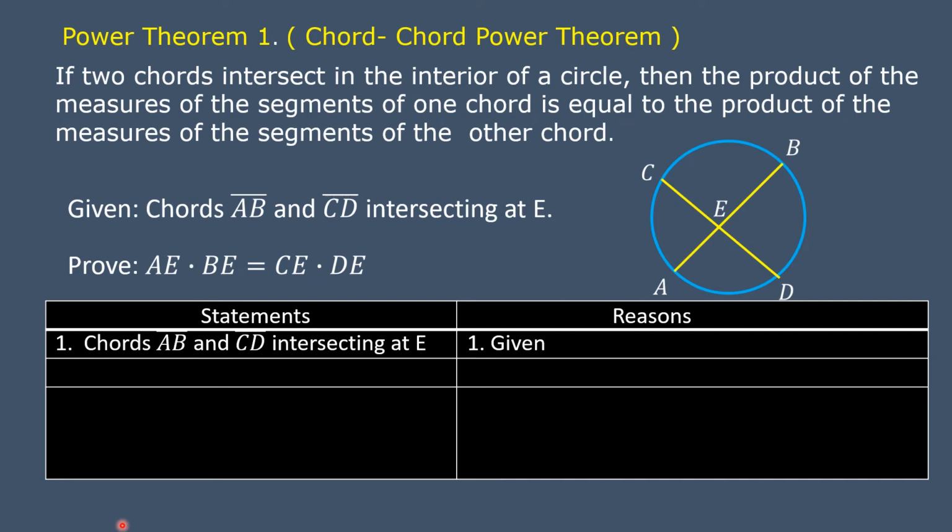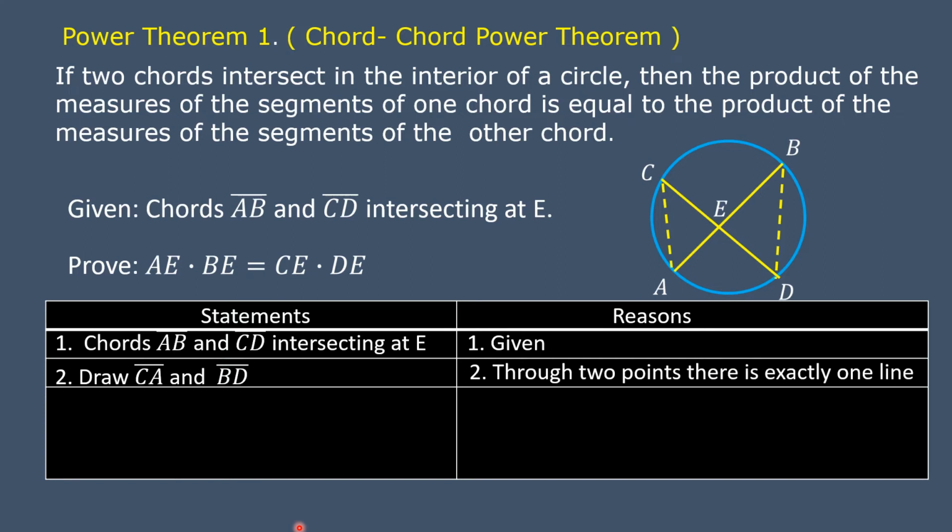And then for our second statement, we are going to draw segment CA and segment BD. The reason: through 2 points, there is exactly one line.